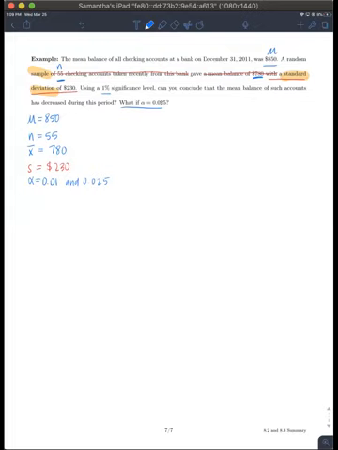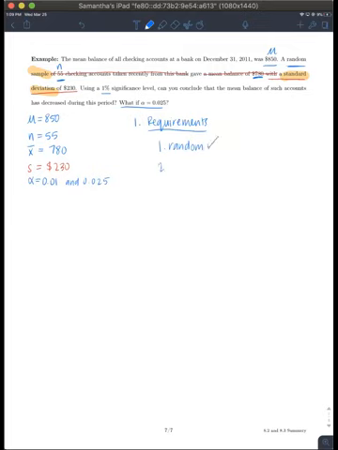So what's the very first thing that I should always do? The requirements. Since I'm testing mu, what's the very first requirement every single time? Random sample. And this time I actually put the word random in there, so we're not faking this one.